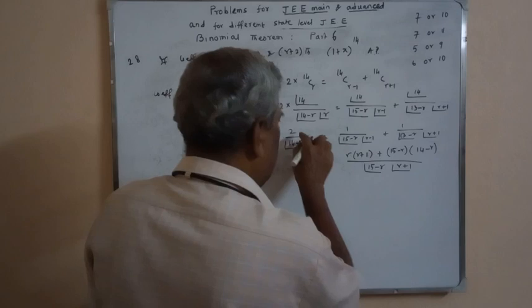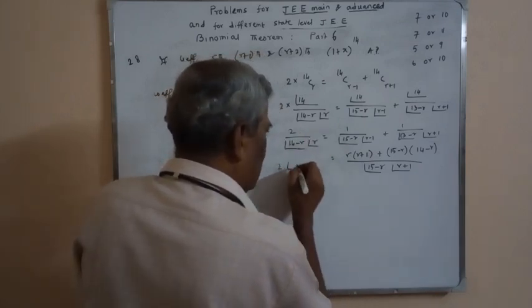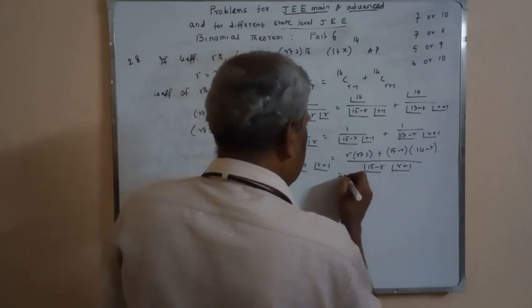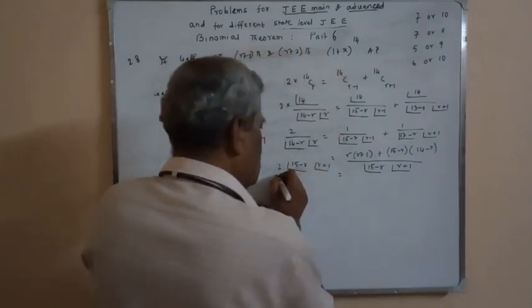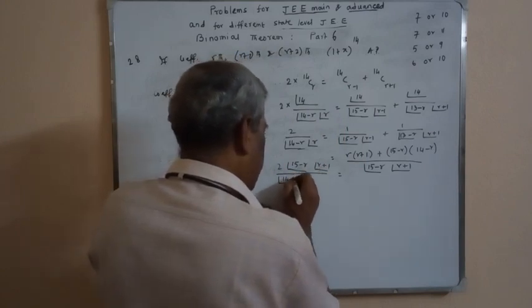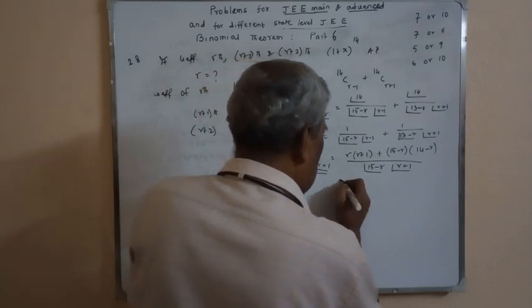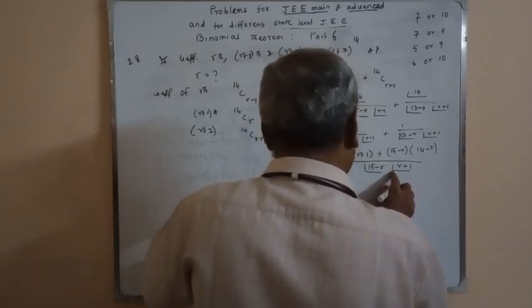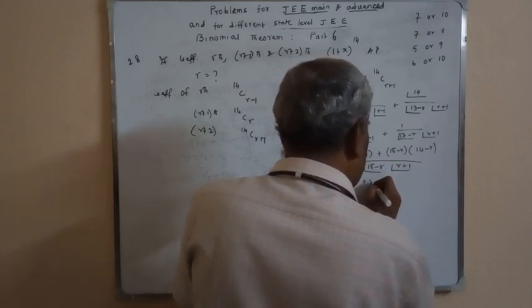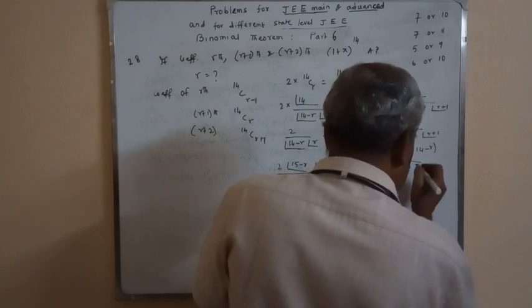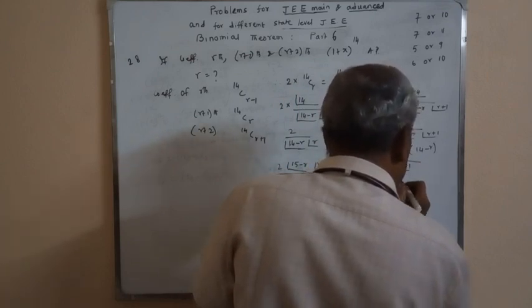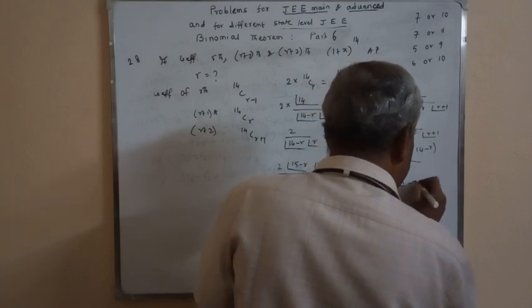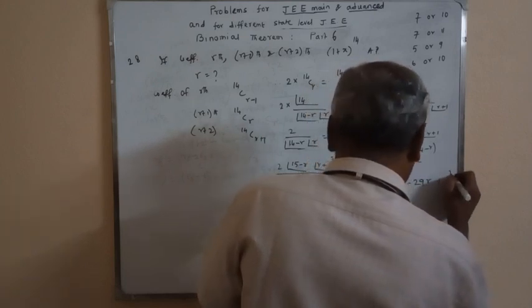So by cross multiplication, 2 into factorial of (15 minus r) into factorial of (r plus 1) is equal to, now only this thing is there, that is r square plus r plus 14 into 15, that is 210 minus 15r minus 14r, that is minus 29r plus r square.